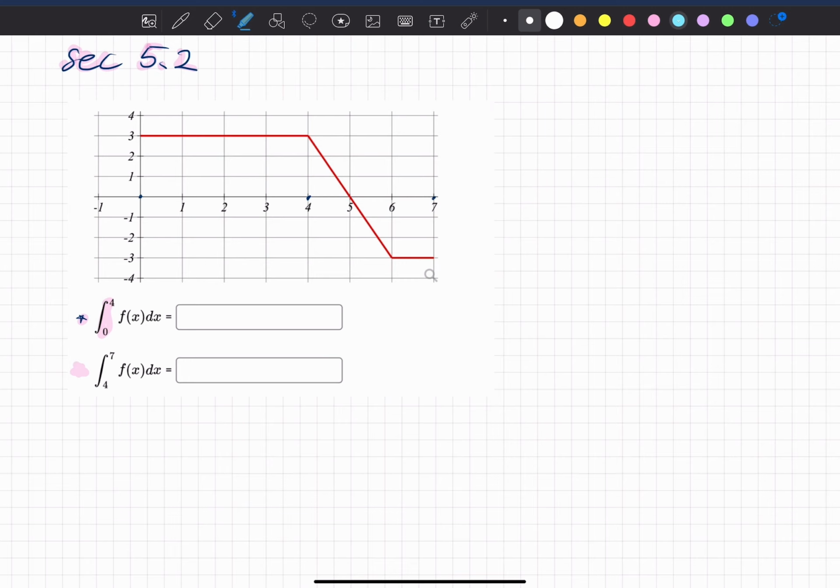The first part is from 0 to 4. This is the portion that we're looking for, this is the area that we have to figure out. Then from 4 to 7, we'll be looking for these two triangles on these two areas.